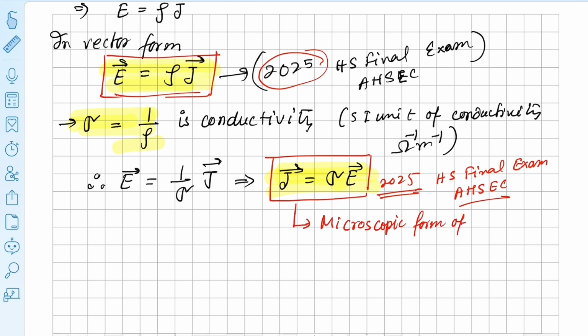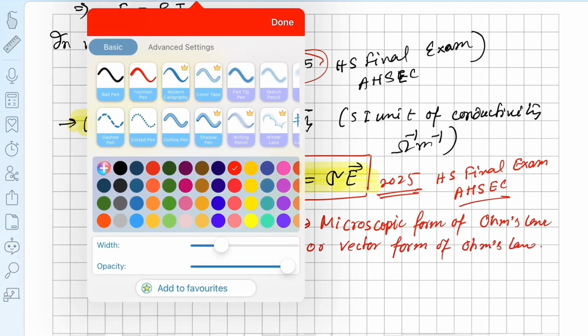Microscopic form of Ohm's law, or vector form of Ohm's law, right? So hope you have understood this.